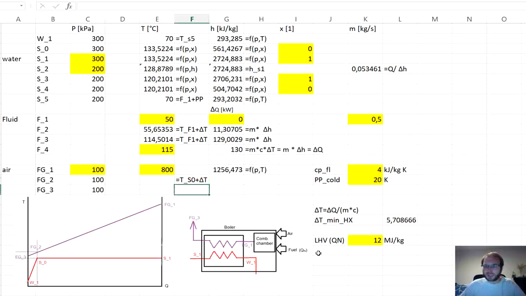That's actually another parameter I did not specify yet in this spreadsheet, which is the pinch point at the flue gas, which is 50 Kelvin.